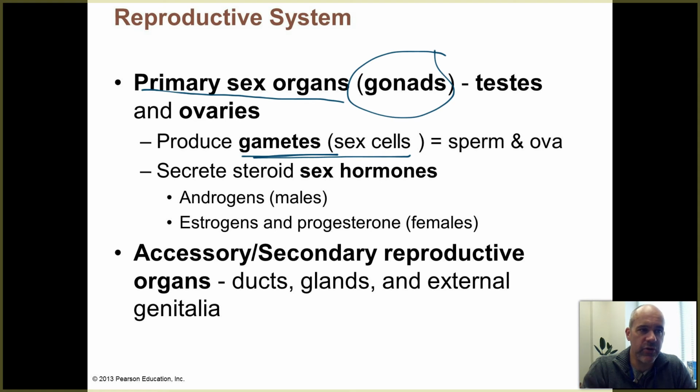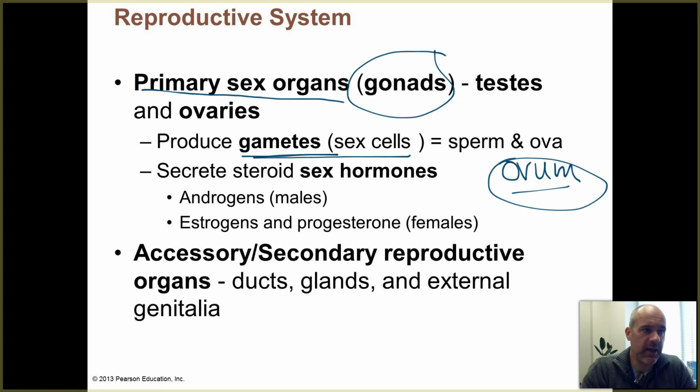A fully mature gamete in a female is called an ovum, which is singular, and ova is the plural form of that word. We're mainly going to be talking about oocytes, which are cells that are involved in the maturation processes that lead to these in a female.